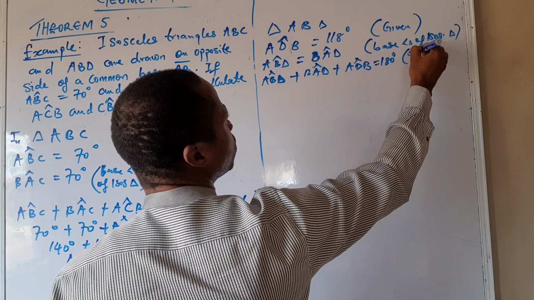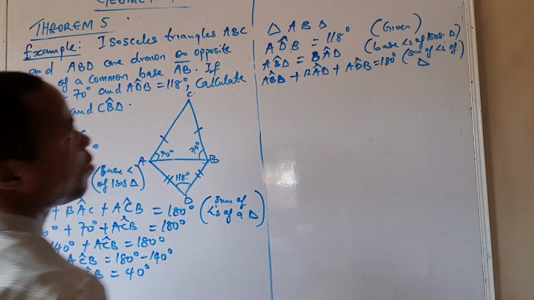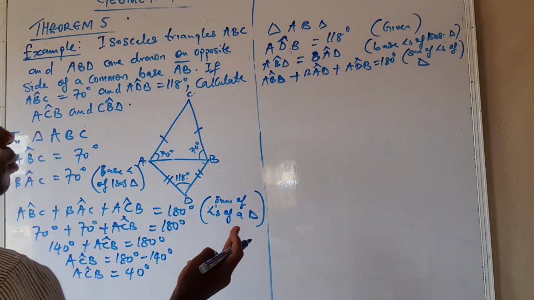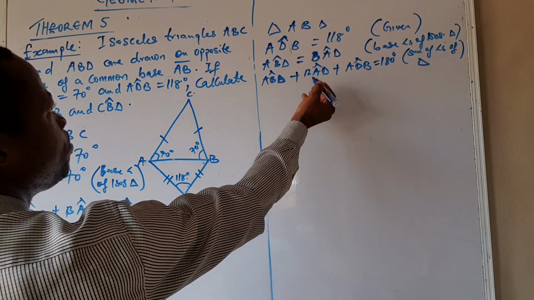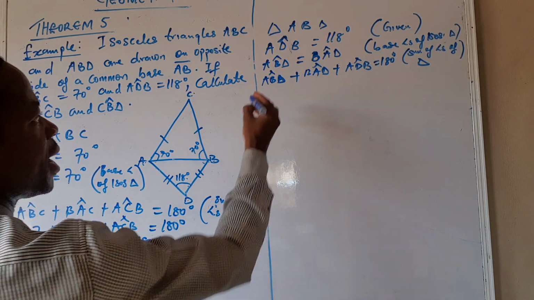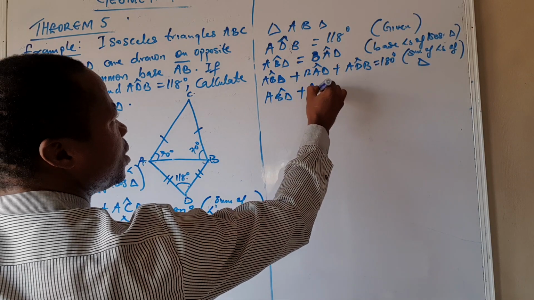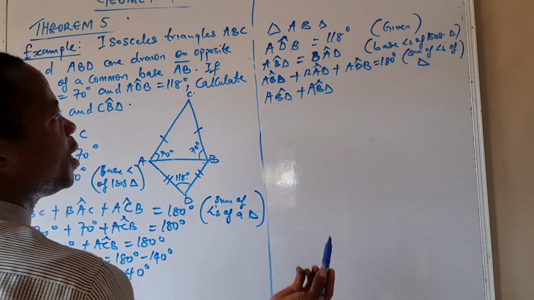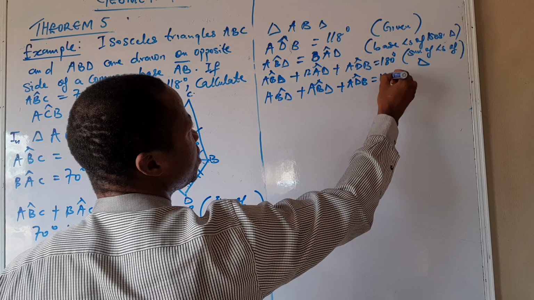That is the sum of angles of a triangle. Instead of writing BAD, I can write ABD, because ABD is equal to BAD. So ABD plus ABD plus ADB is equal to 180 degrees.